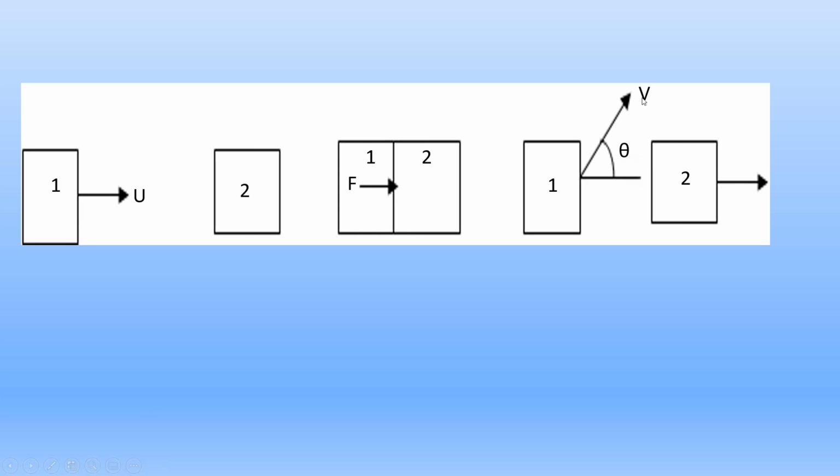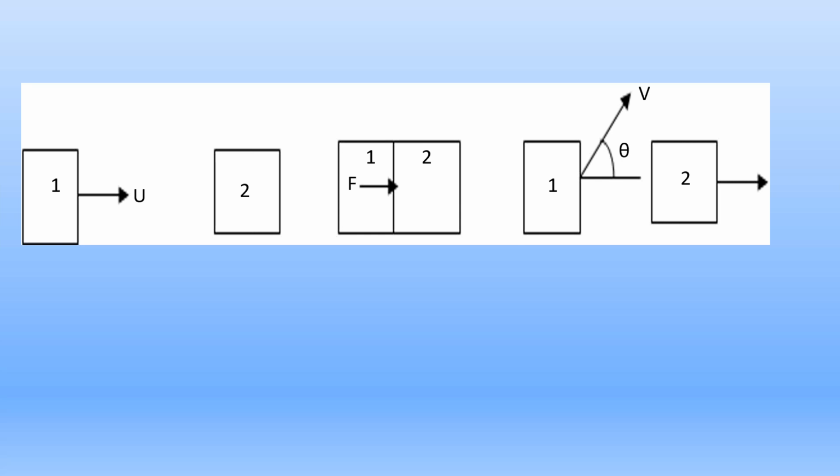Since this final velocity is in the inclined direction, you cannot apply Newton's second law directly. So here, saying the force F is equal to mu minus mv divided by time is incorrect. In the previous example, initial velocity u, final velocity v, and force F were all in the same direction.